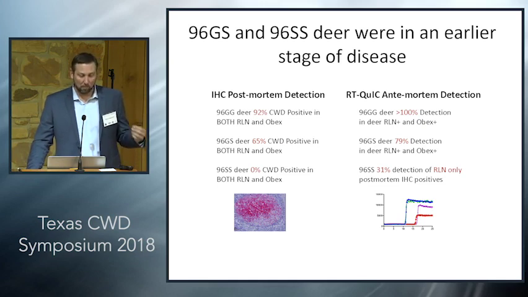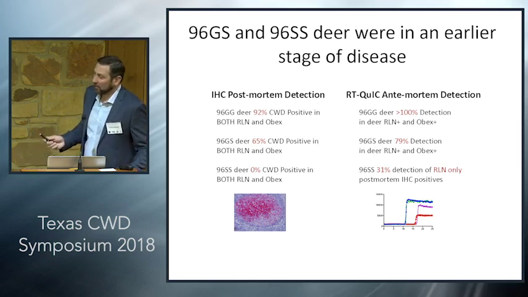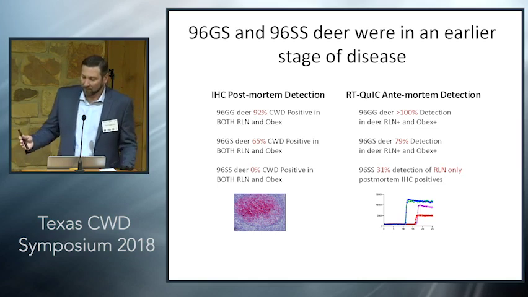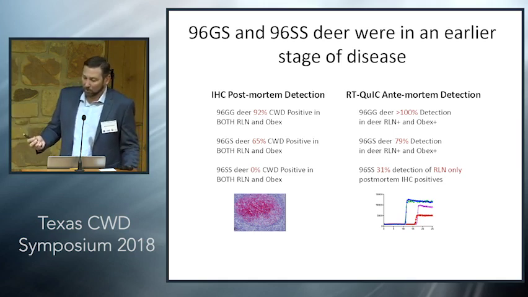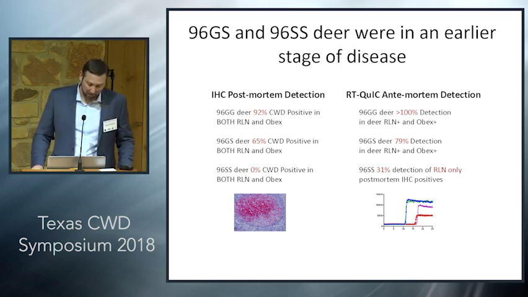So in GS animals, there are more lymph node only animals, and in SS deer, there were only lymph node only samples. So since this longer latent phase in these resistant animals requires a higher sensitivity to detect the positives, using an amplification test increased those numbers over what would be achieved with just using IHC on those same samples.